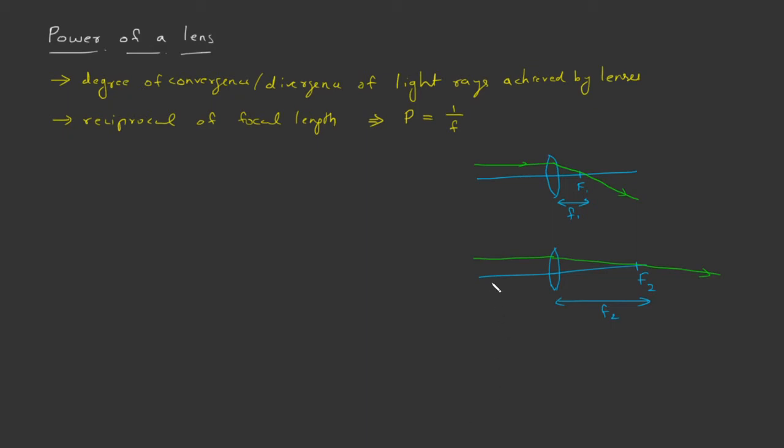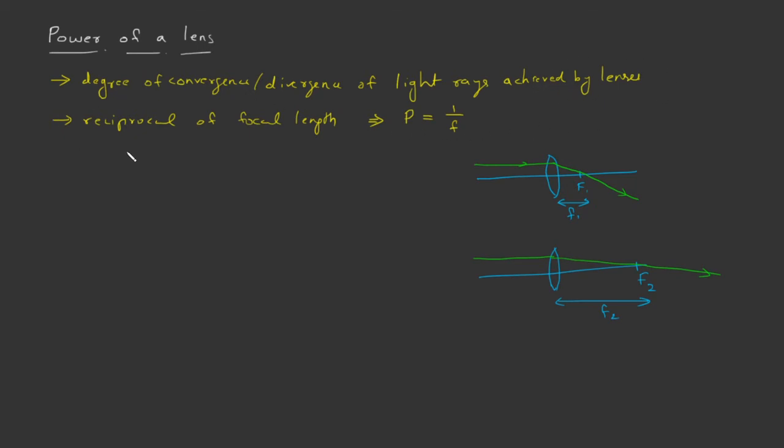In the same way, you can see for a concave lens, a lens of very short focal length causes higher divergence than one with a longer focal length. So power of a lens is the degree of convergence or divergence of light rays achieved by that lens.